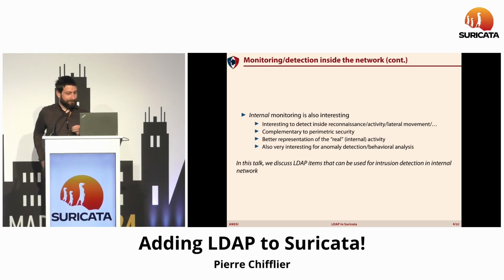Of course, you will also be able to try to detect lateral movement, which is really important, and so on. Something important, it's complementary to perimetric security, so I will never say remove your sensors from the outer network. It is complementary. Do perimetric detection first and then focus on the inside.